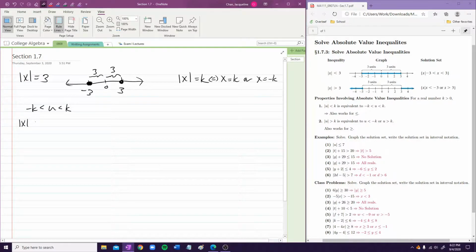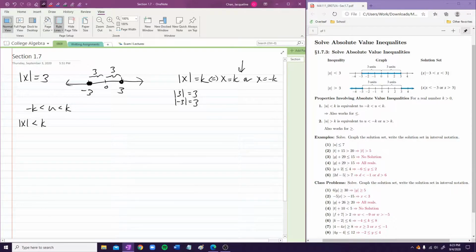So I have the absolute value of x is less than k, right? K or u or x, it doesn't matter, just a variable. Remember, this is obtained by the definition. The absolute value of 3 is 3, and the absolute value of -3 is also 3.